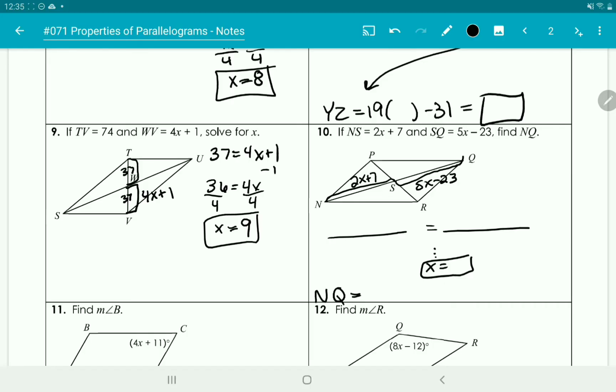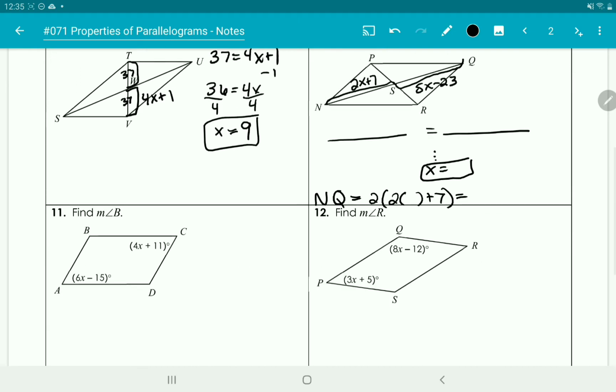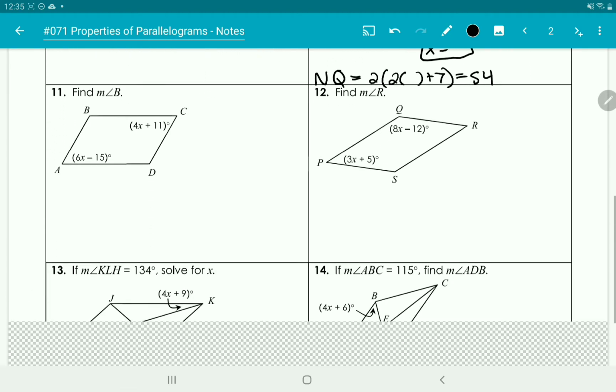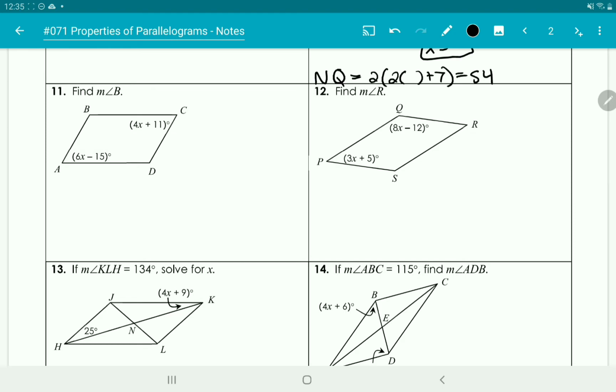So from N to Q, it's going to be both of these lengths added together, so you can add the two together, or you can double either of them since they're the same. I'm going to go ahead and double the 2x plus 7. So if you fill in your x there, you should get an answer of 54. Okay? So go ahead and solve for x and do that.